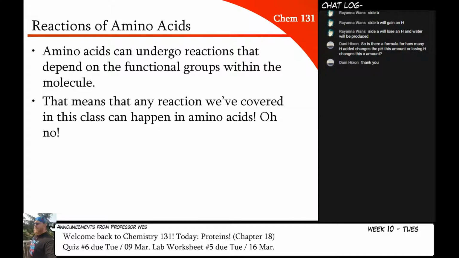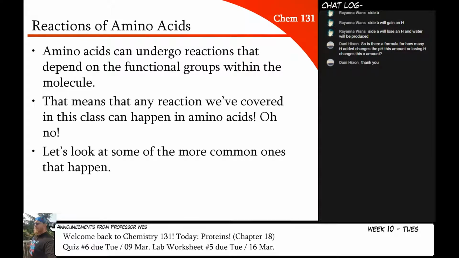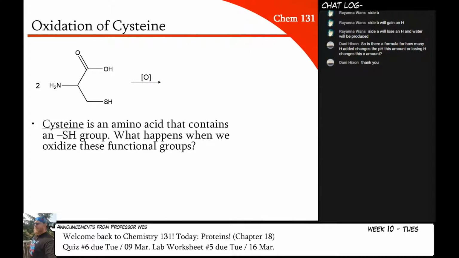Now, specifically, we're only going to look at a few particular reactions. One very important one, and then a few other incidental ones. So this is not as scary as it could be. Let's look at the common reactions. The first one is cysteine.